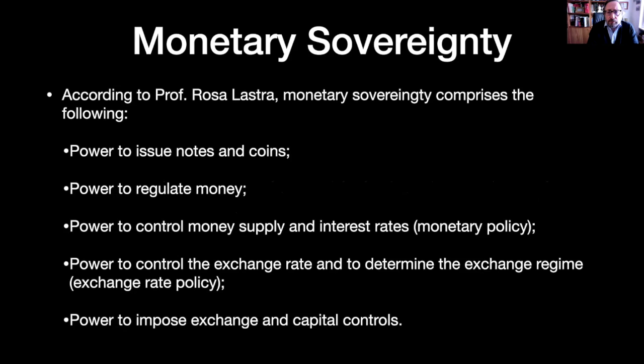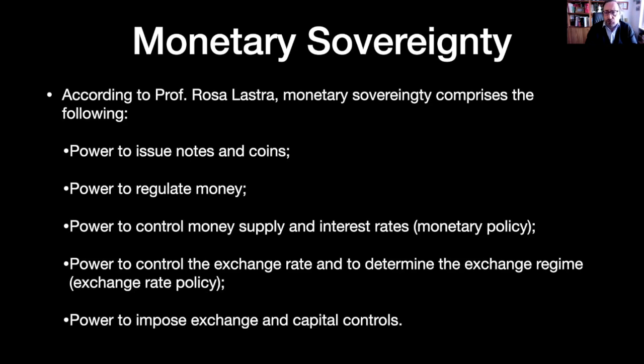So the first thing is, what does this monetary sovereignty translate into? One of the foremost experts in this area, Professor Jose Lastra, provides a very neat table of the elements that compose the notion of monetary sovereignty.